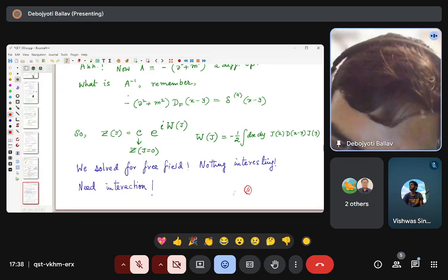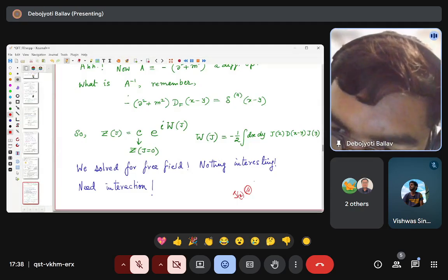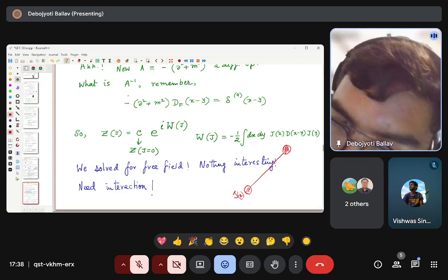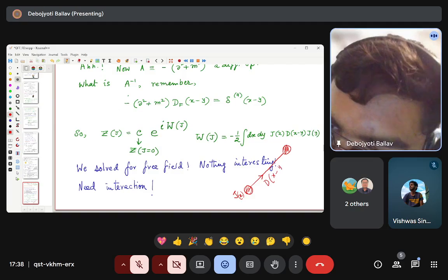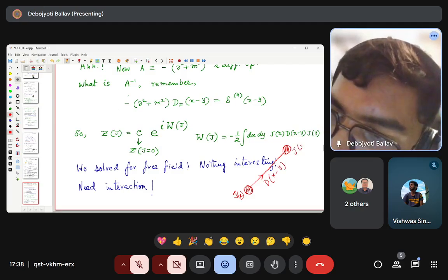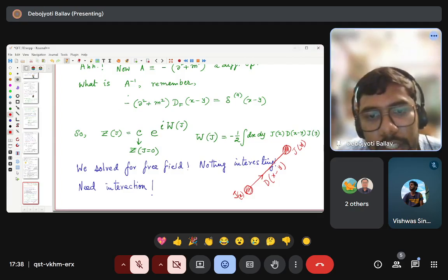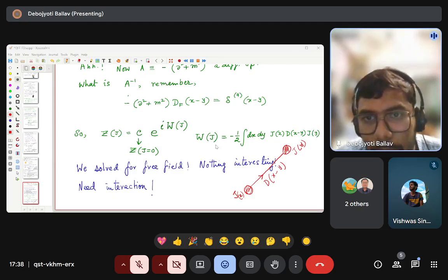You have some j of x, and you are propagating from j of x to other sources. So you have a creation of particles, and that particle propagates by some propagator D of x minus y, and gets destroyed at some j of y. So you have a source and a sink, and you have a propagation in between. So you can physically interpret this process.